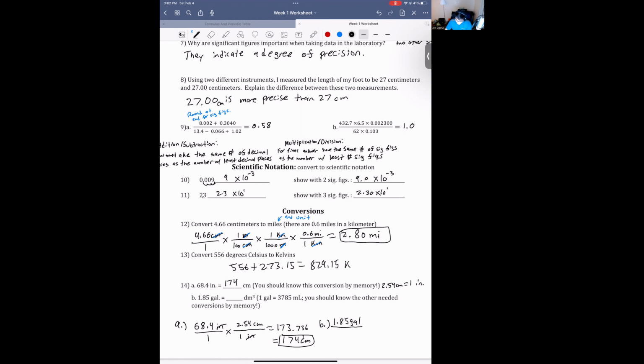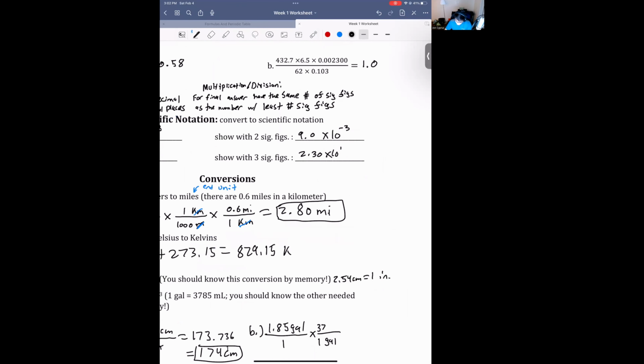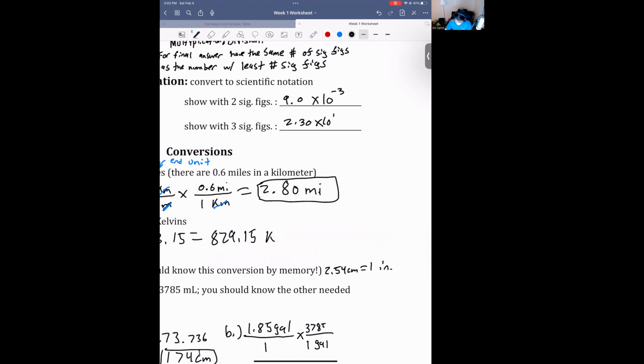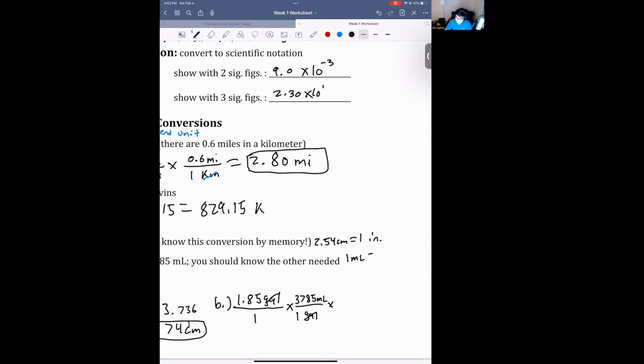So in 1 gallon, I want that to cancel out. I have 3,785 milliliters. Now, the conversion that you should know is this. You should know that 1 milliliter is equal to 1 centimeter cubed, right?